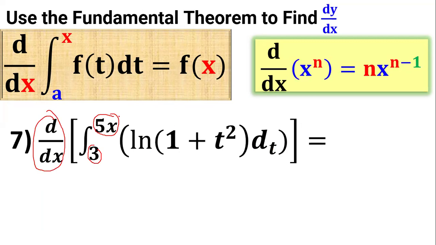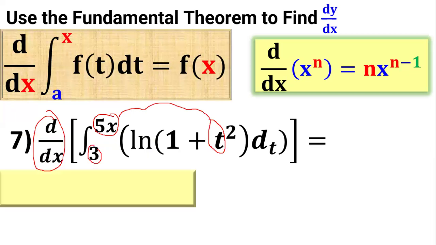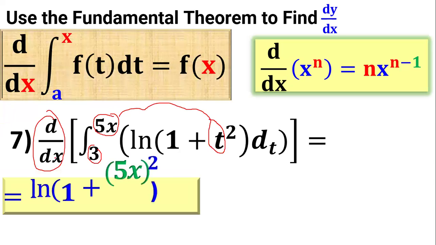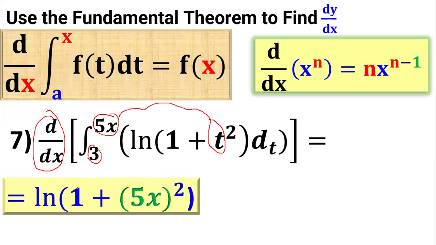So the first step, we replace all the variables here. The variable here is t. So the t will be replaced by 5x. So it will be ln of 1 plus 5x to the power of 2. I just replaced t by 5x.